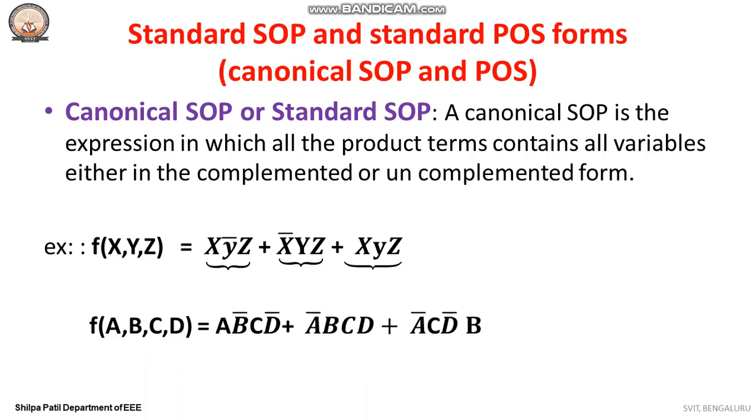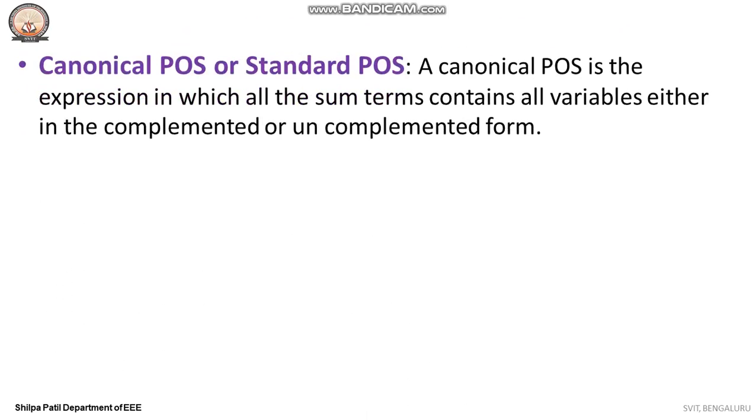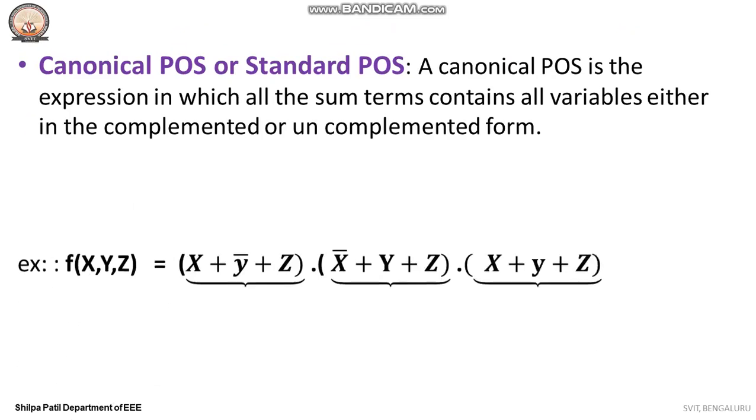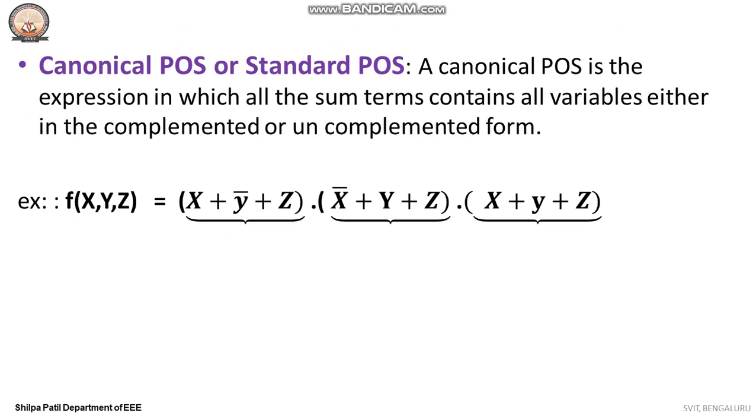Similarly, what is standard POS? In POS, we have sum terms. If all the sum terms contain all the variables, either in complemented or uncomplemented form, we call that expression a standard POS or canonical POS. Just take an example here: f of xyz is equal to x plus y bar plus z, ANDed with x bar plus y plus z, ANDed with x plus y plus z.